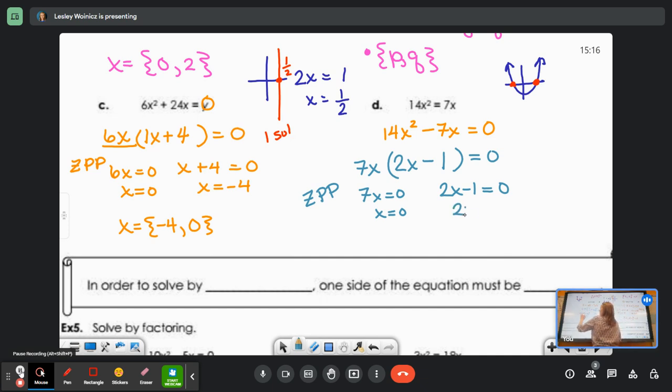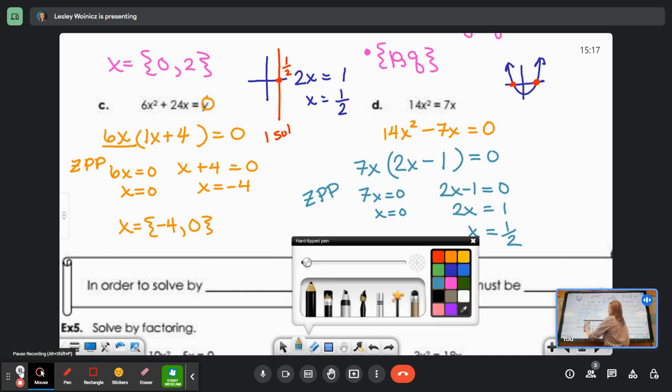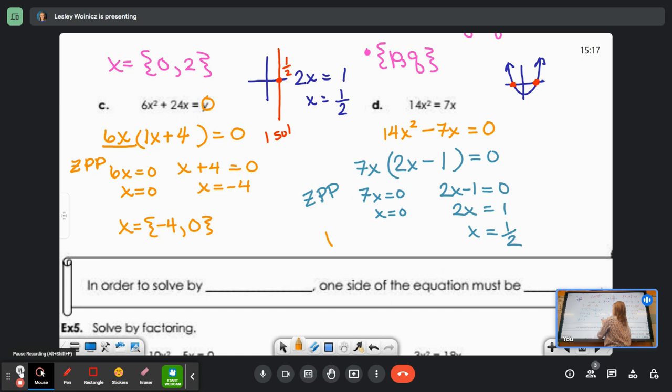We get 2x equals 1. Divide both sides by 2, we get x equals 1/2. We knew we were going to get 1/2, right? That's the one we got this way, but the one that we lost was this, right? Yeah. Okay, so we have to make sure we get them both. So our x's are 0 and 1/2.